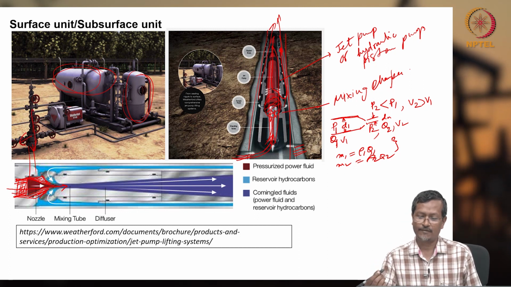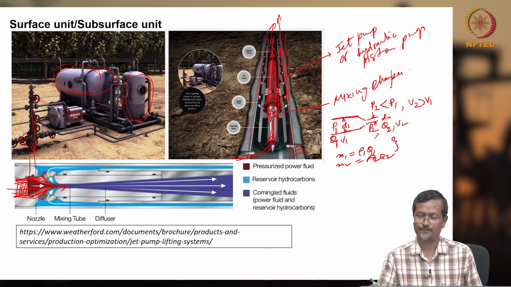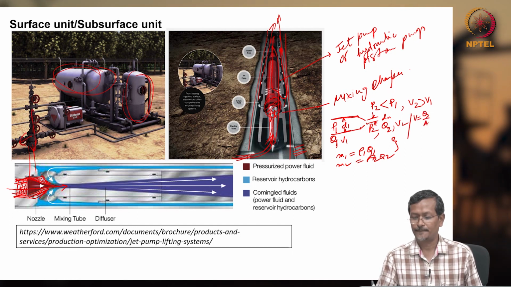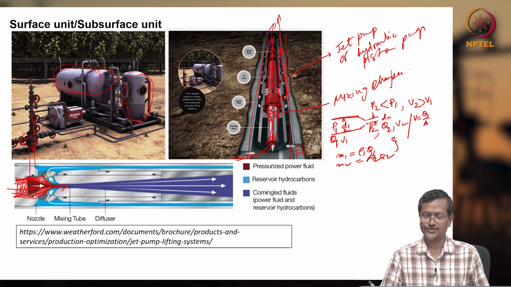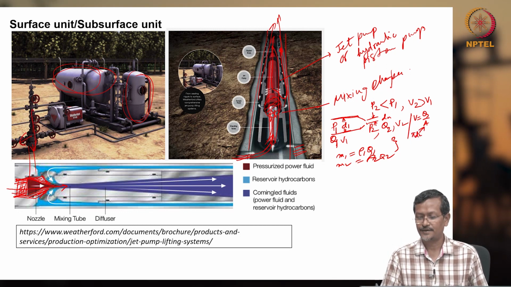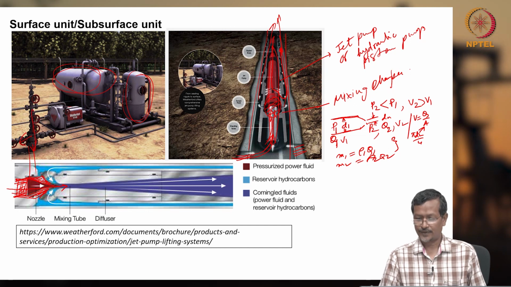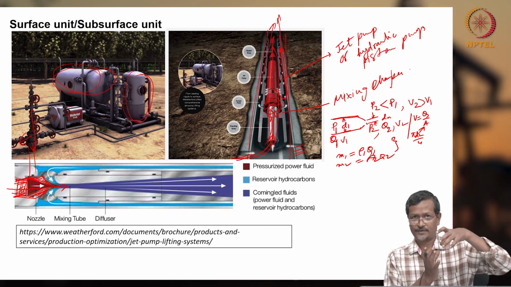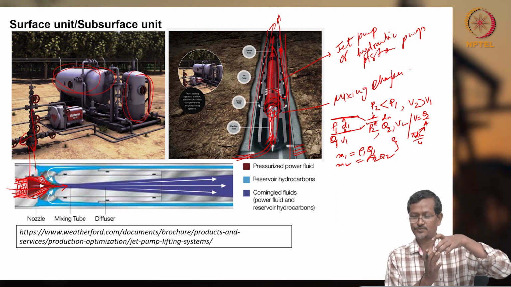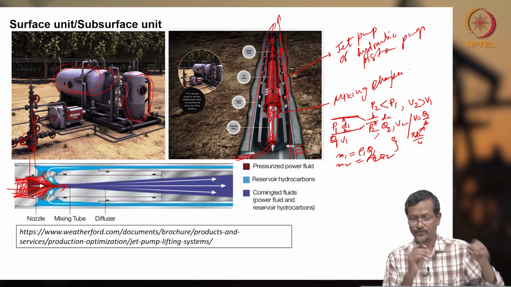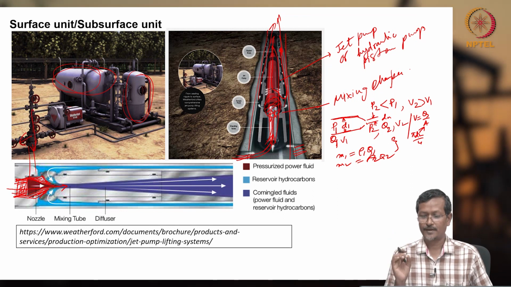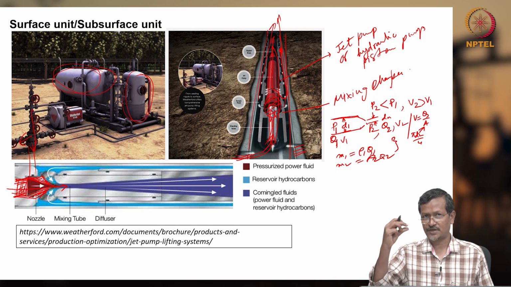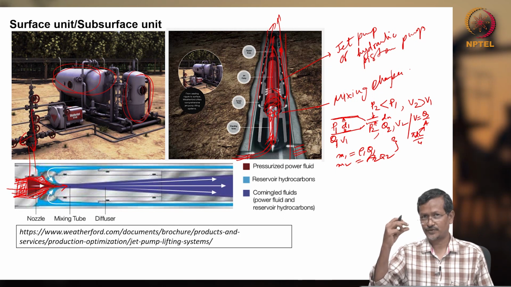But if I calculate velocity, velocity equals Q by A. When the area changes, area means pi d square by 4. In the larger diameter pipe, the area is larger, which means velocity is low: V equals Q by A. But when it passes through the nozzle, the area is reduced because the diameter is reduced.